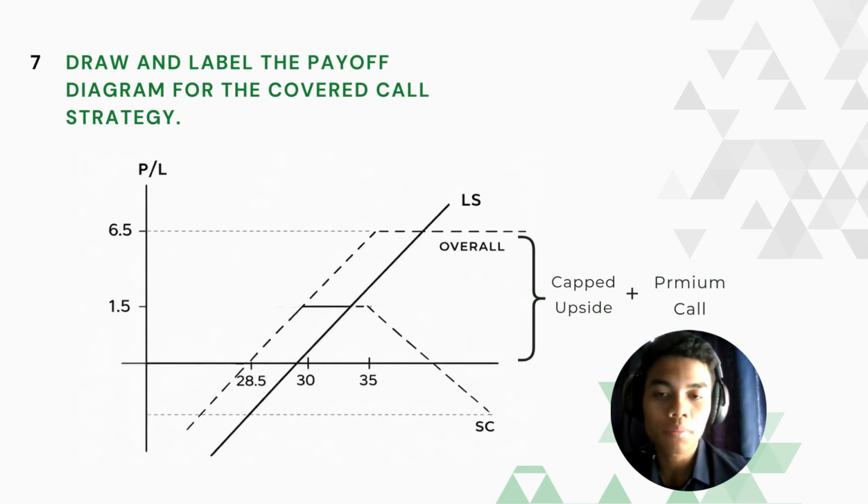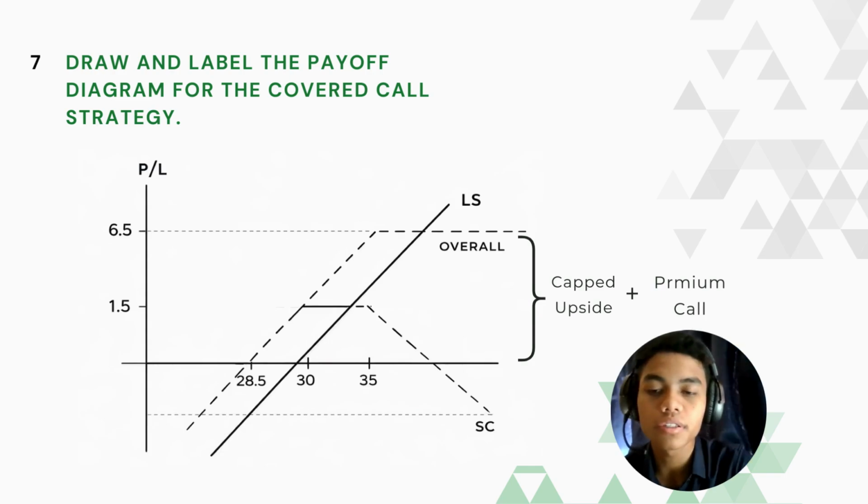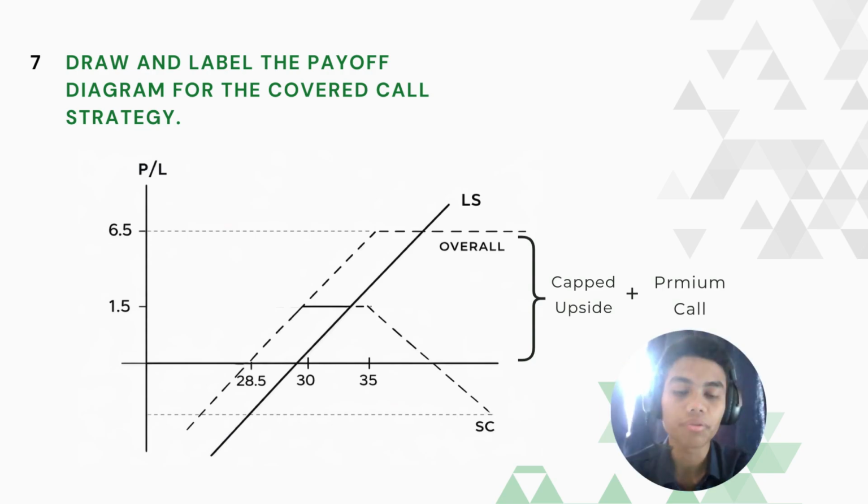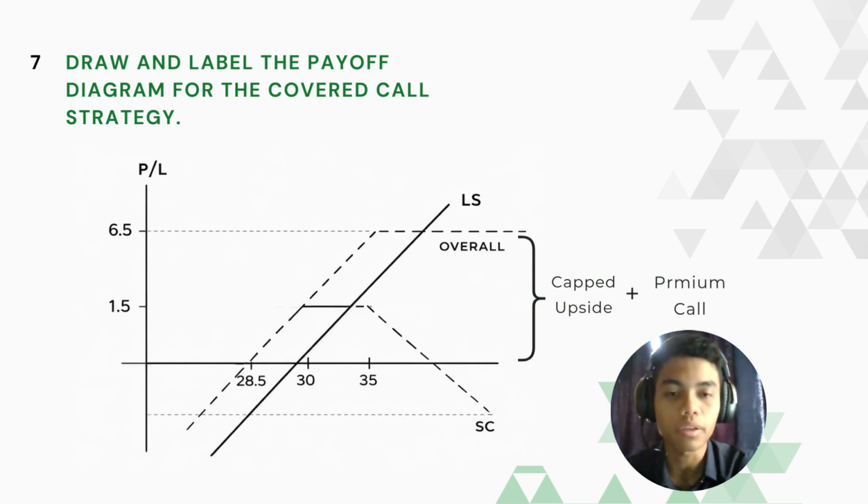For this strategy, if the price goes below 30 ringgit, at the SC line there is still a profit, because from the covered call they get the call premium of 1.5 ringgit, which means if the price does not go below 28.5 ringgit, there is still profit from the premium.